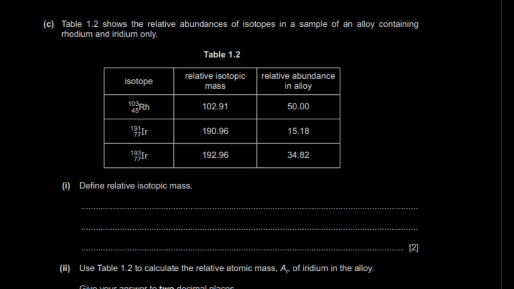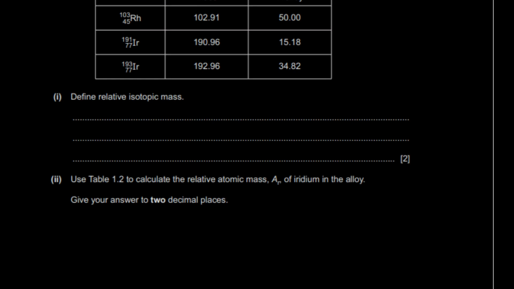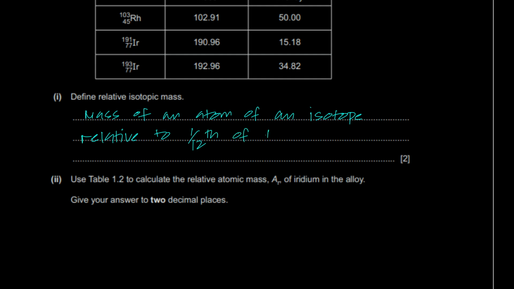Table 1.2 shows the relative abundance. What is meant by relative isotopic mass? We covered that in today's lecture. It is the mass of an atom of an isotope, relative or compared to 1/12 of the mass of a carbon-12 atom.